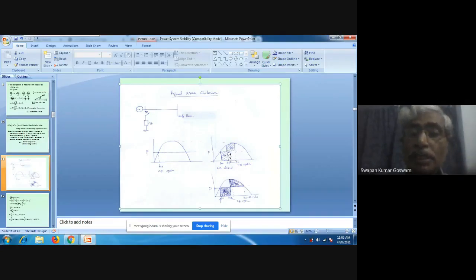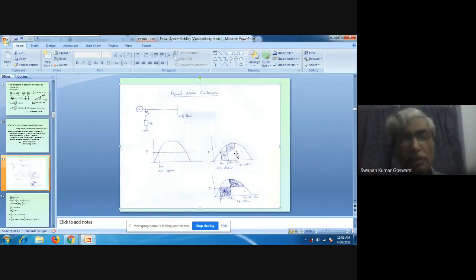Now, what is this area A2? It is the power extraction, power extracted from the machine. Why? Because the power output is more than the power input. So where will this power come from? Obviously, it will come from the stored kinetic energy. As the output was more than the input, obviously the kinetic energy has been reduced.